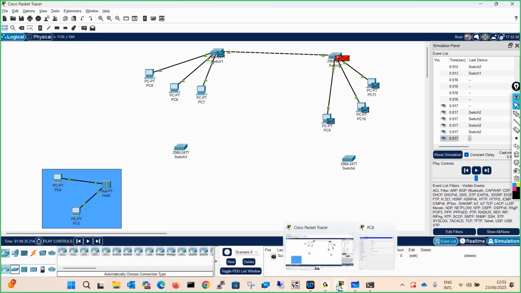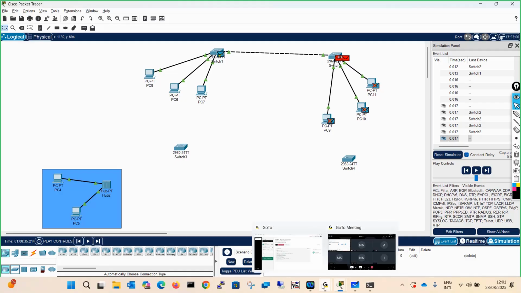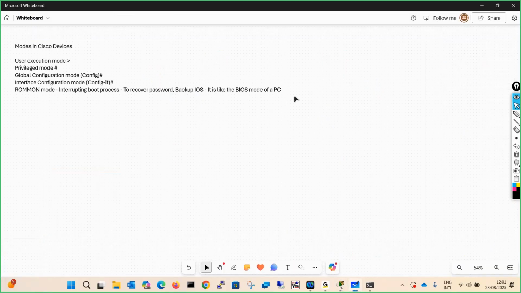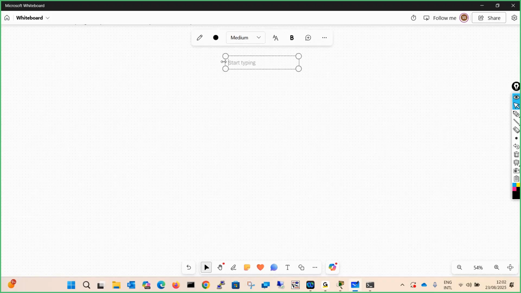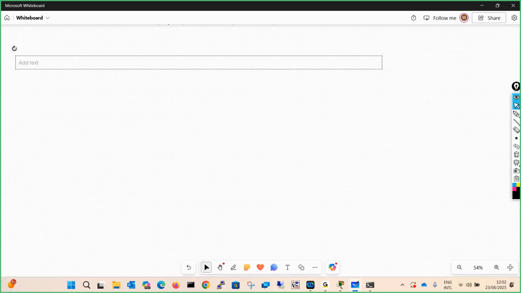What is the concept? VLAN. Using VLANs, you can break this broadcast.